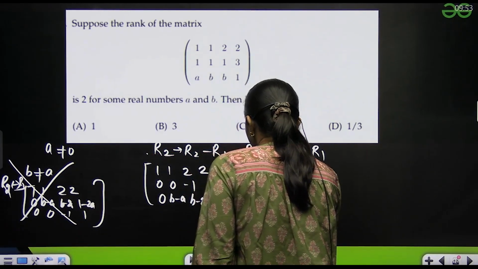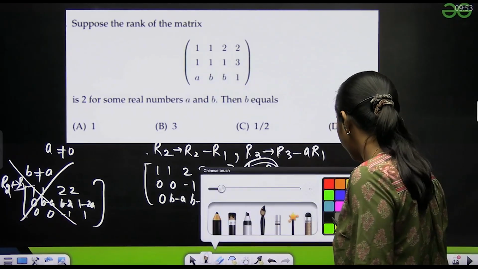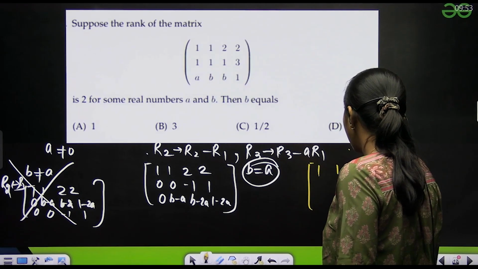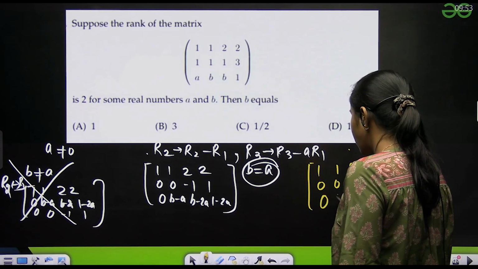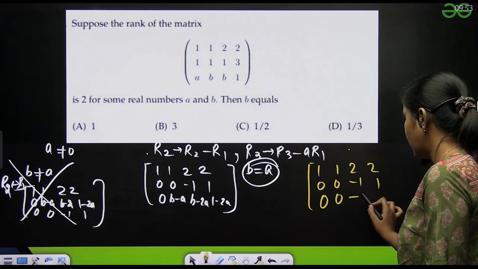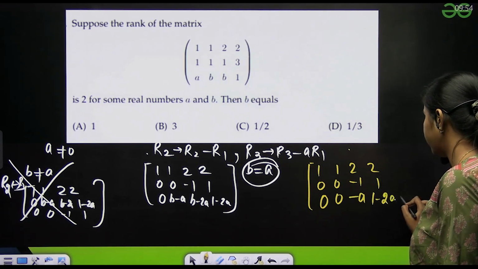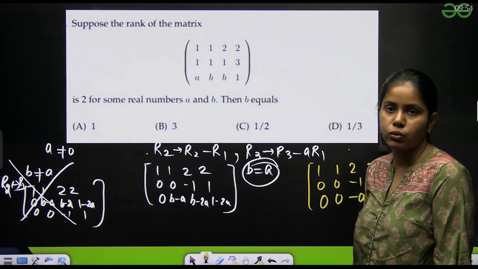So that means B should equal A. I have to consider that A is equal to B. If I consider A equals B, then this matrix would become 1 1 2 2, 0 0 minus 1 1, and this would become 0 0 minus A, and it would be 1 minus 2A. Right, I have just substituted B equals A here.